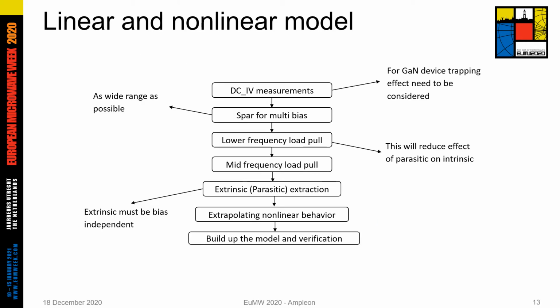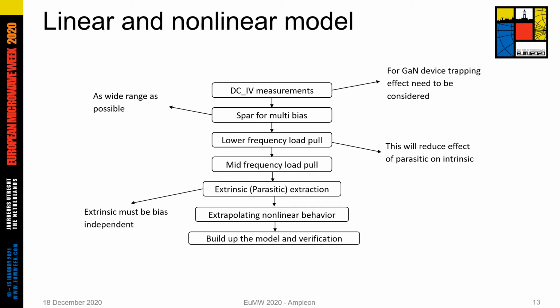The process: there are several processes and ways to extract the model. I proposed here a straightforward and very generic way of model extraction, which is more robust and doesn't require a lot of iteration.